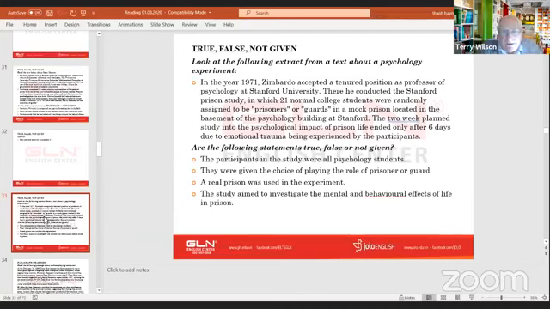So, are the following statements true, false, or not given?